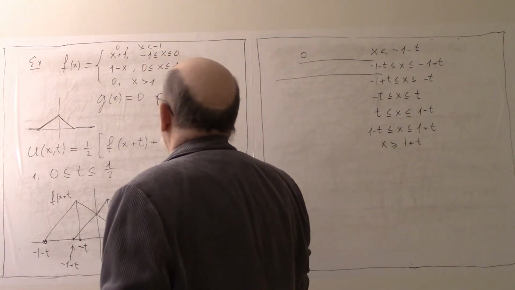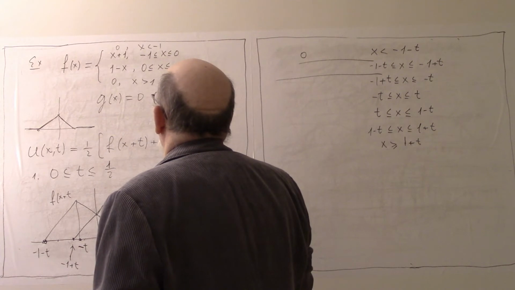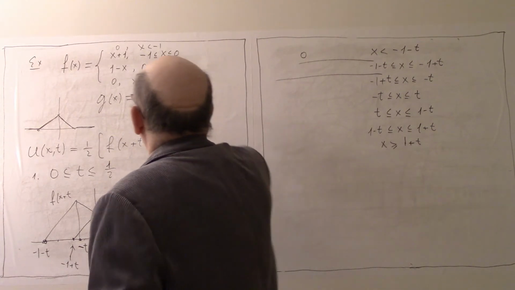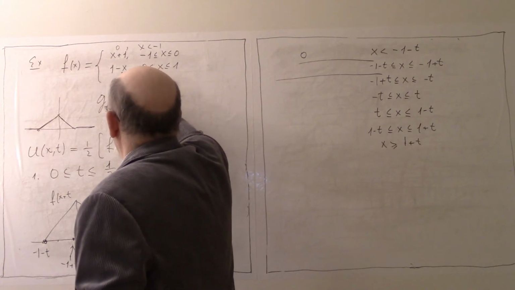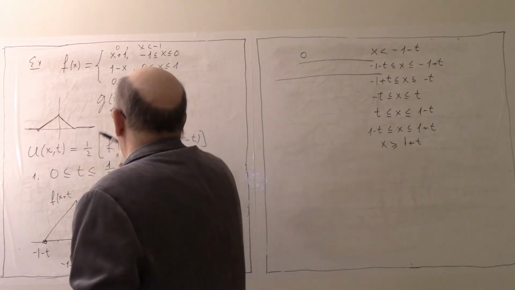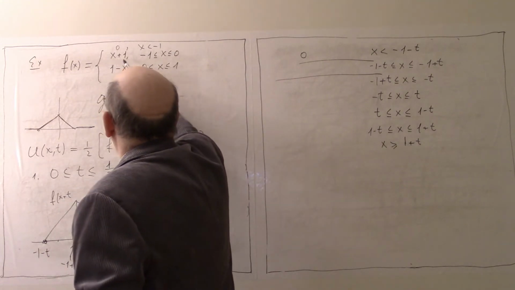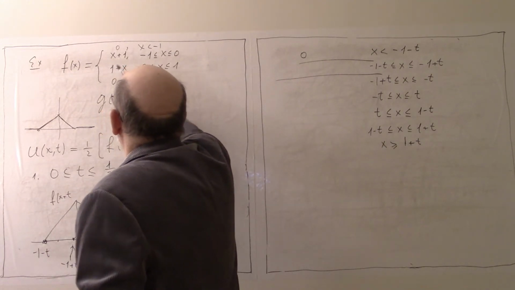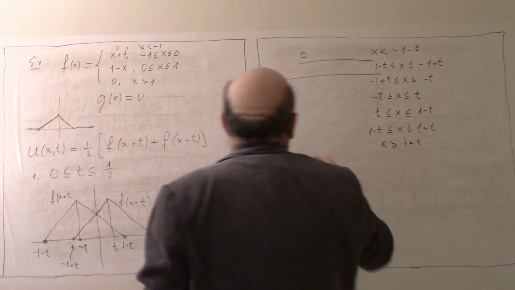Here f of x plus t is already positive. It is 1 minus... x, just a minute, x plus 1. So it is x plus t plus 1.